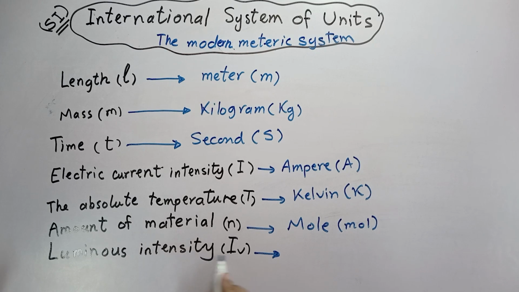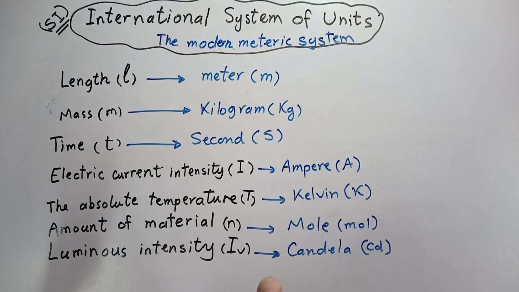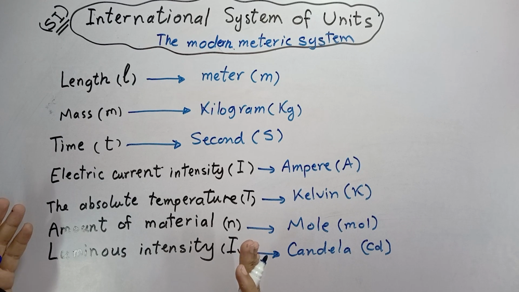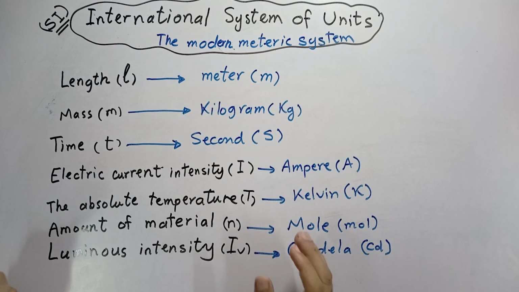And luminous intensity, we use candela or cd. These are the 7 fundamental physical quantities and their units, the international units.